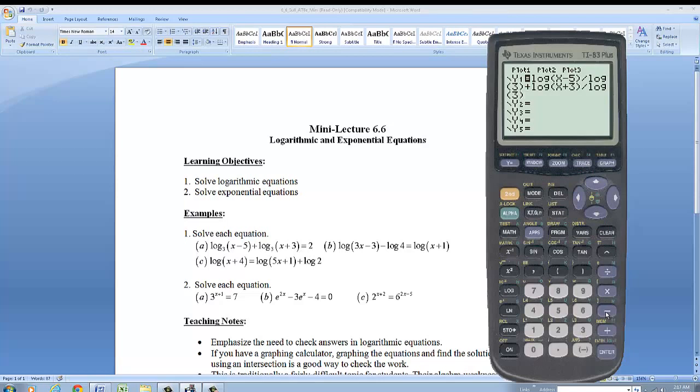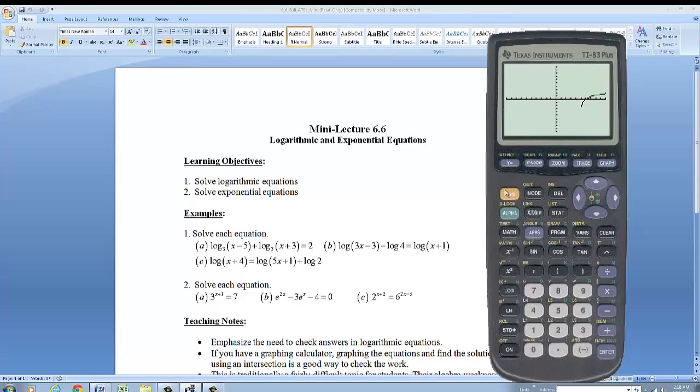So this will be minus 2. Okay, so now we hit the graph. Looking at the graph here, this is 1, 2, 3, 4, 5. It appears to cross at 6.